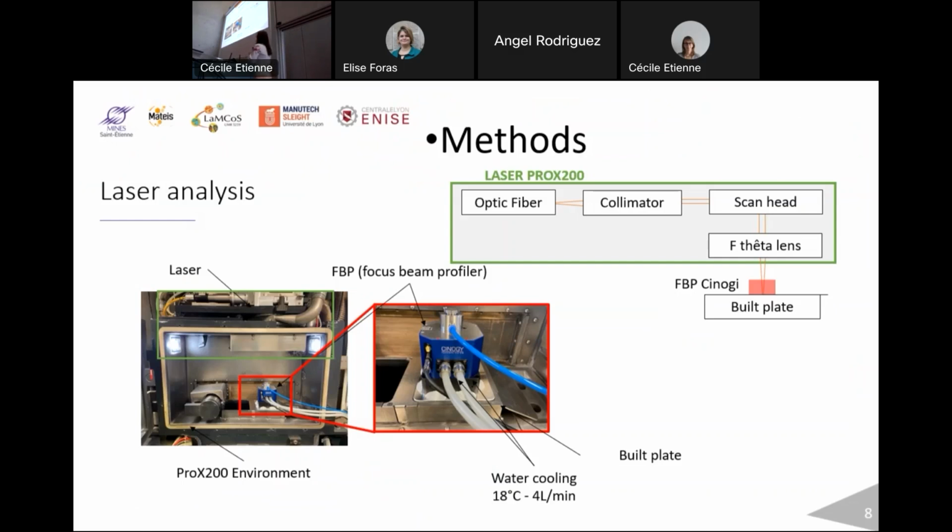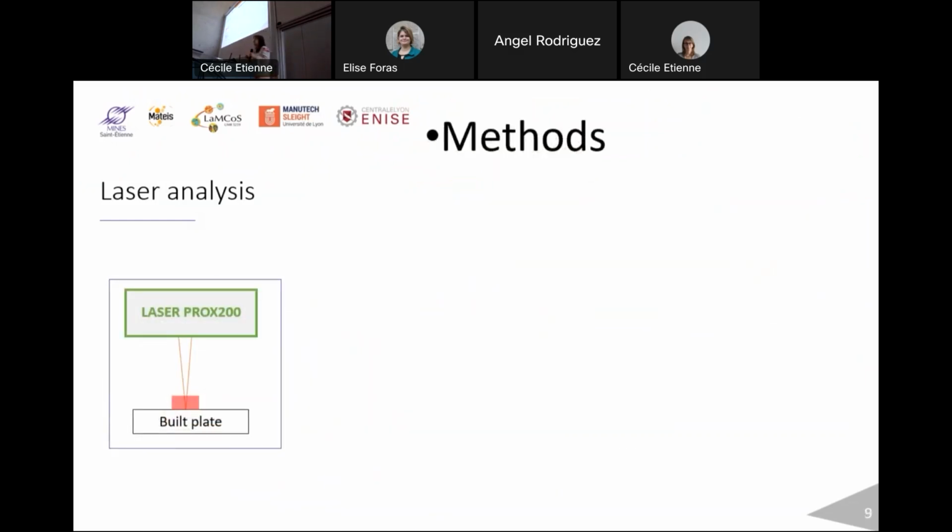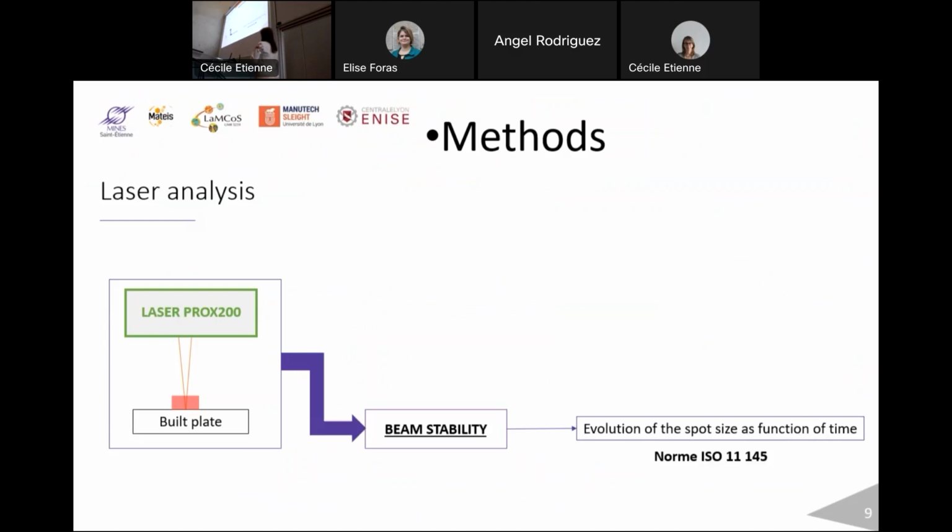Between the F-theta lens and the build plate, we have a window to protect the F-theta lens from the environment of the chamber. This focus profiler from Synology is really interesting because you can work on beam stability and see the evolution of the spots as a function of time.